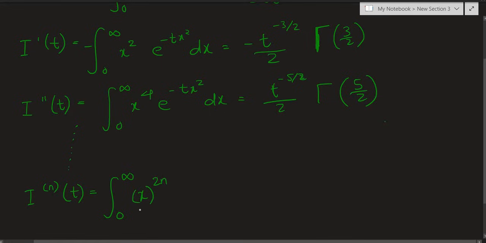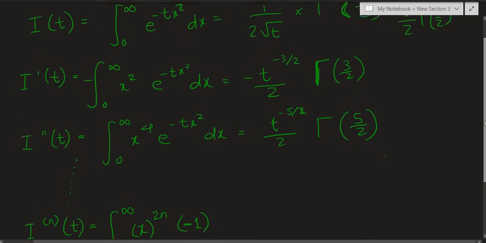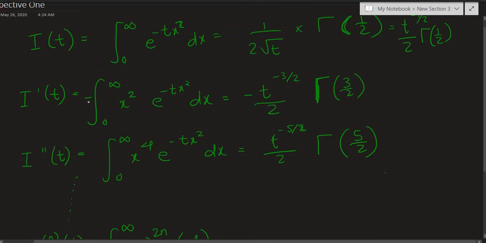power. Okay, but notice that this negative is also alternating, because next time that you differentiate this you will get a negative x to the sixth power. So this negative is also alternating based on the derivative. So for the first derivative we had a -1, for the second derivative there was a +1.